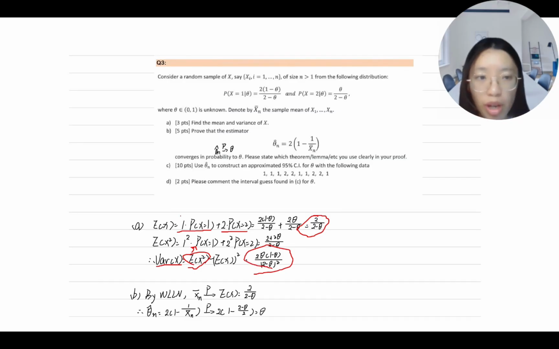Okay, and for question B, we need to prove that theta n bar converges in probability to theta. So we can just use the definition of the weak law of large numbers, and by this definition, we can get the expressions in the first line like this, and so we can get another expression like that.